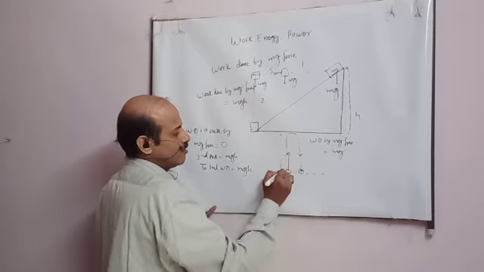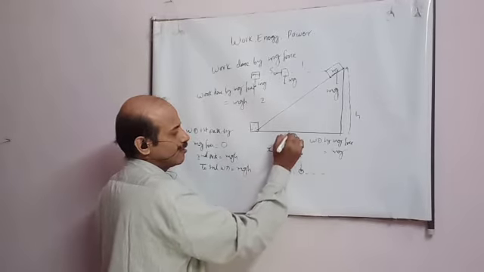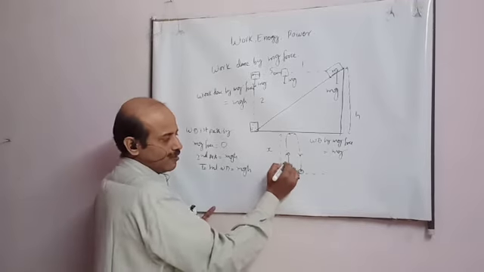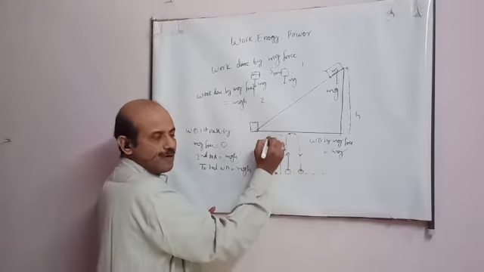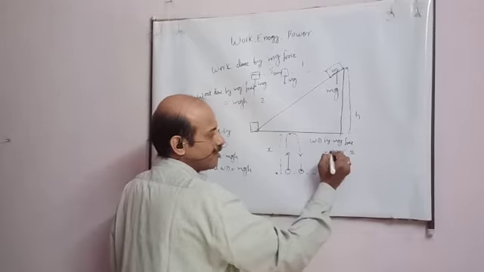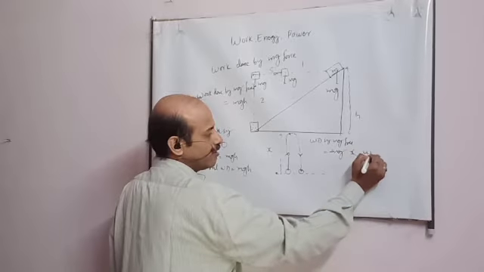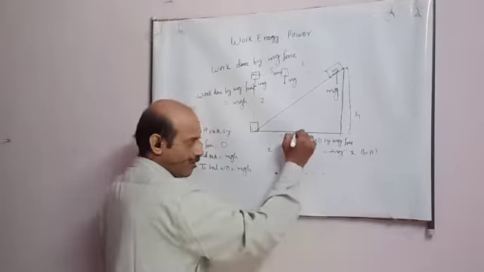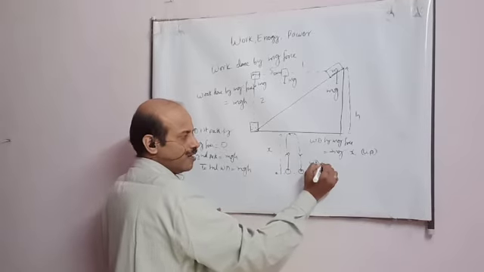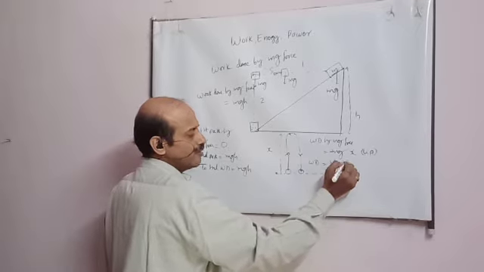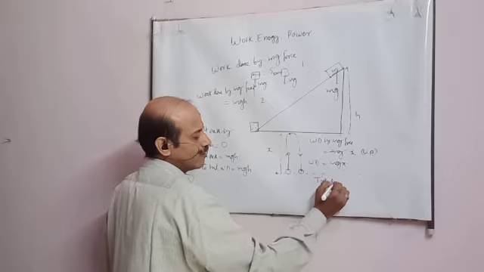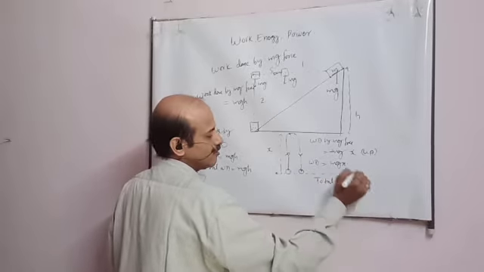This displacement is x, student, final height. Now, student, force is acting downside, displacement is upward. So work done will be negative, student, upward. Now when the ball is falling down, student, the work done will be positive mgx. So total work done is 0.